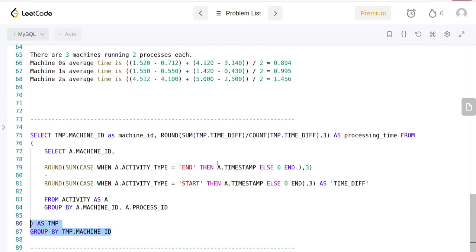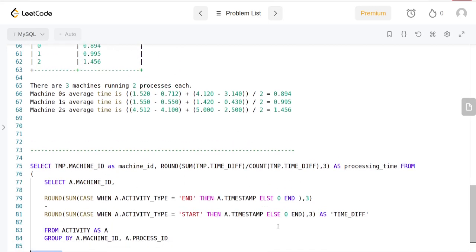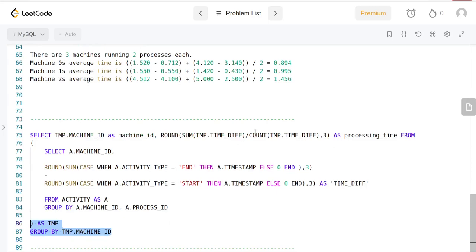So with one machine ID, in this case, we're going to have two entries. You say the count of the time differences and the rounded value of the sum. So when you sum them, this is going to get added to this one, and when you count them, there are two entries in there for machine one, and we're going to return that as processing time.